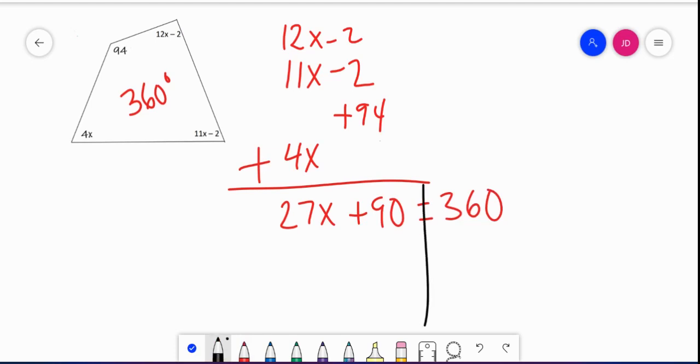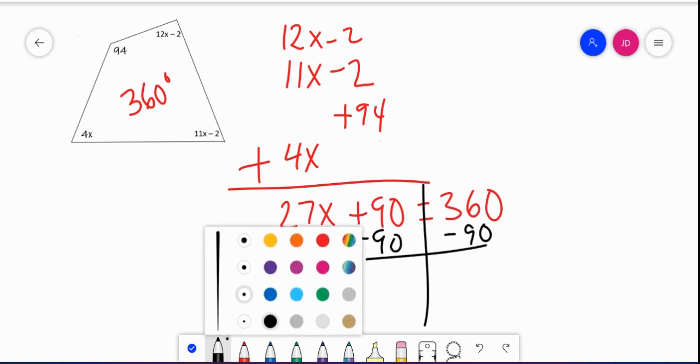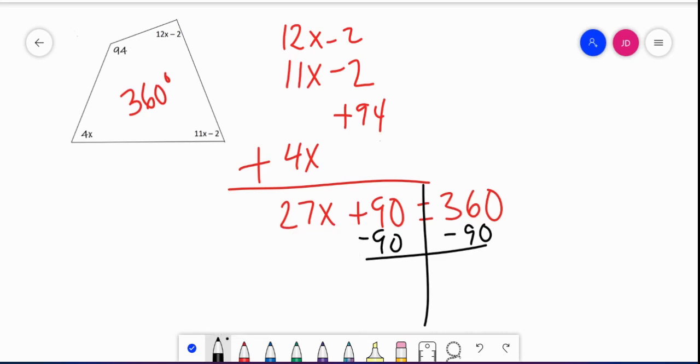We got a two-step equation, minus 90, minus 90. And look at that. I get 27x is 270. Is that right? 360 minus 90, a nice 270. Divide both sides by 27, and I get my x is 10.